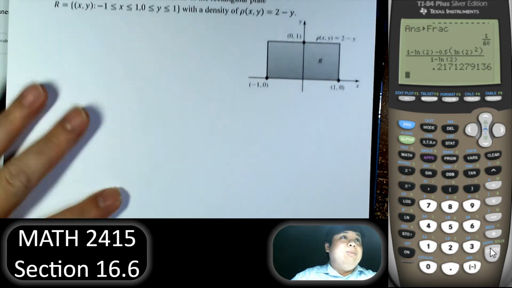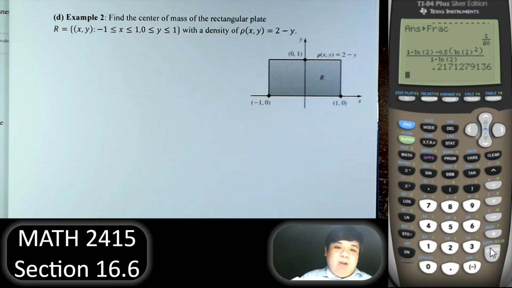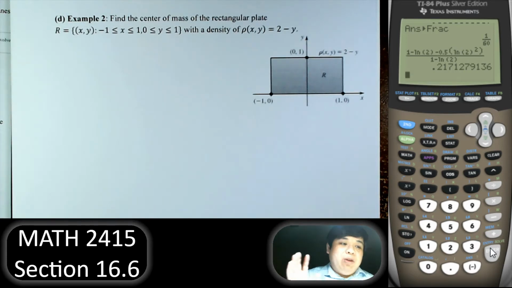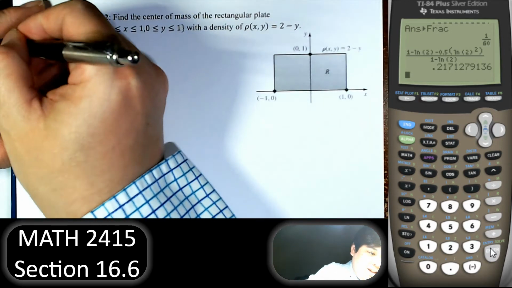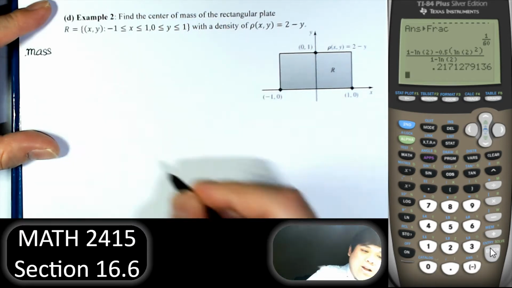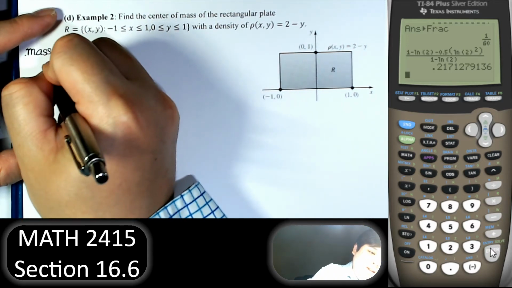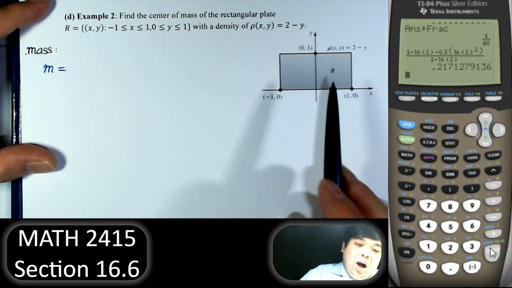Right, so now we have another example here, which is a lot better because we have a rectangular region, and the density is polynomial. So we expect to have a rational answer here. By rational, I mean if we put it in a calculator, we should get a fraction. Right, calculate mass. x is between -1 and 1, y from 0 to 1.